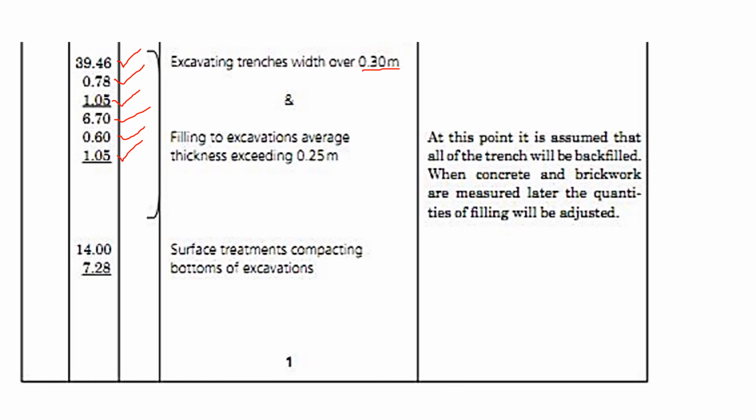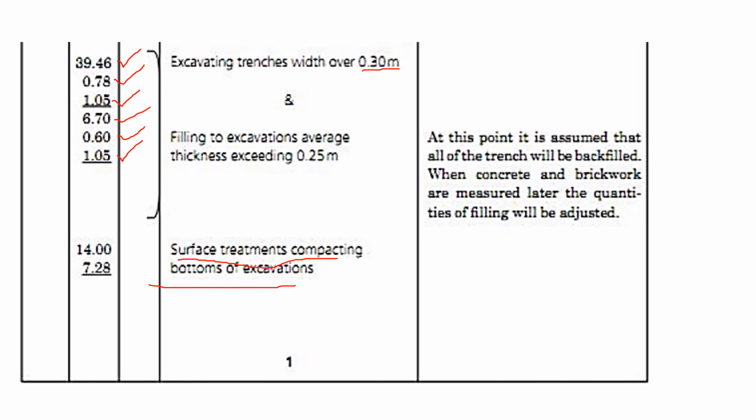Right, then we go to surface treatment, compacting bottoms of excavation. Bottoms of excavations, remember the whole area that we have reduced the level, we shall compact the bottoms. So that is simply the whole area that we have done reduced the levels.